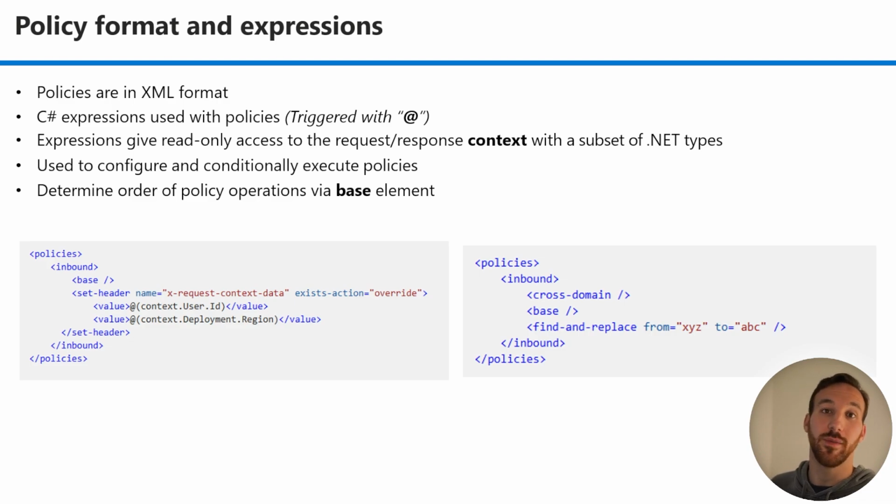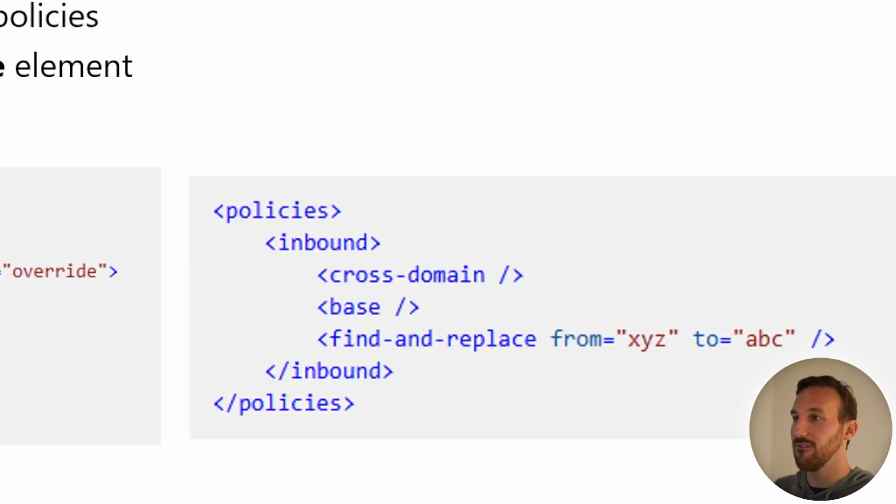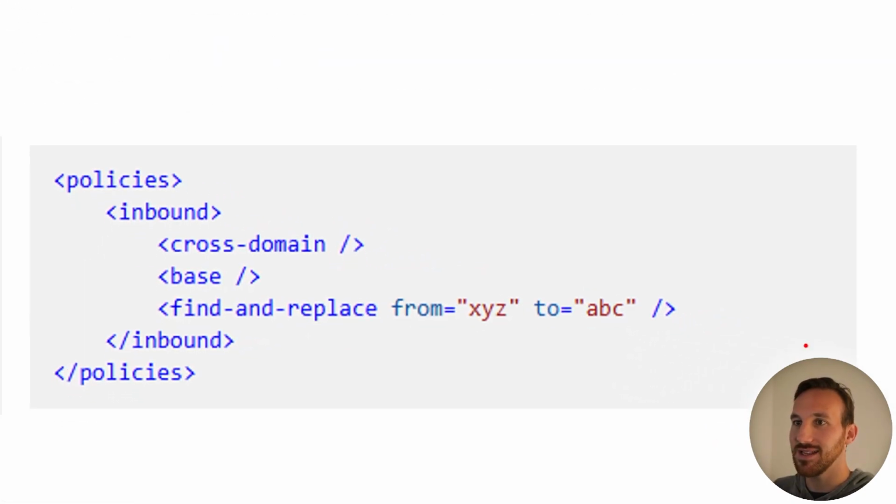We can also determine the order in which our policies take place by taking advantage of the base element. This base element represents the policies that take place at a scope above the current scope. For example, let's say this XML snippet takes place at a product level, where the only level above it is the global level. Policies take place from top to bottom.